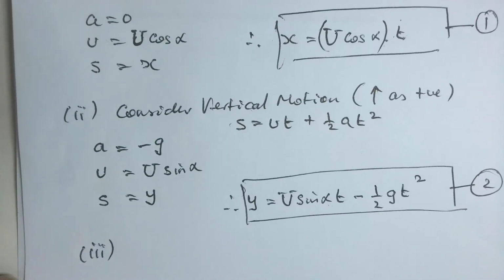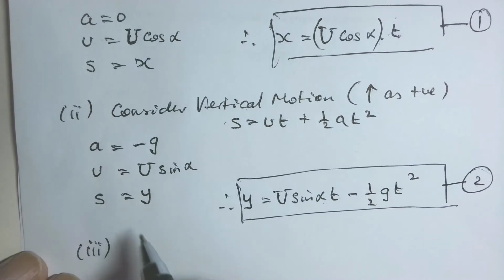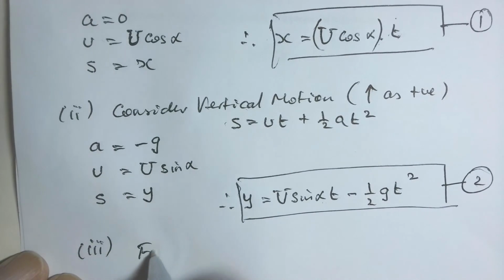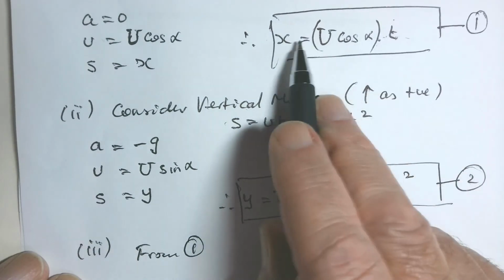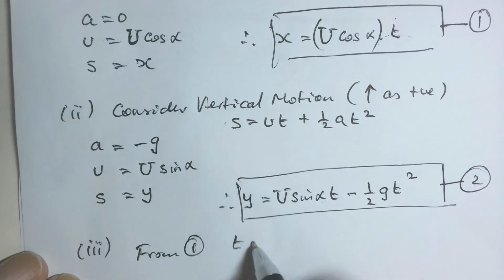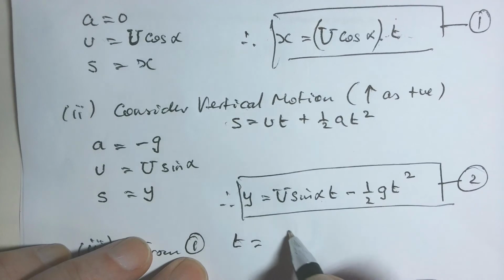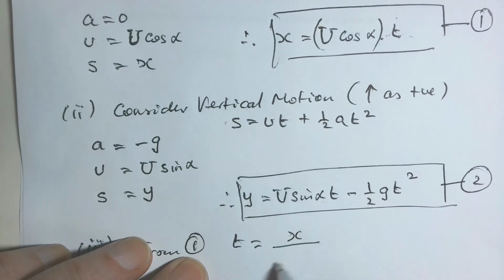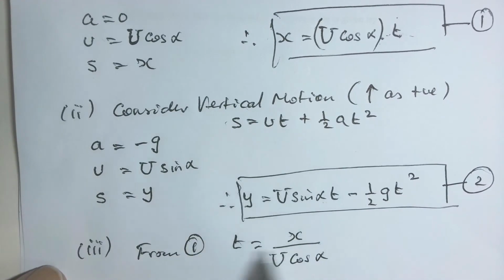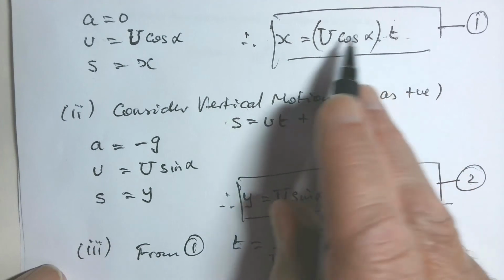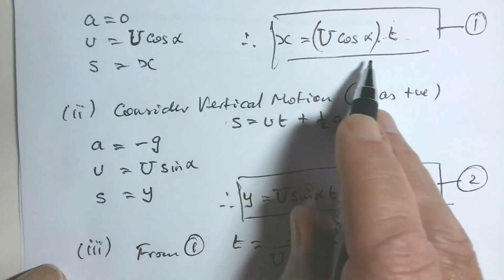So from equation 1, if you rearrange this, we get t equals x divided by big U cos alpha. All I've done is rearrange this to get t on its own.